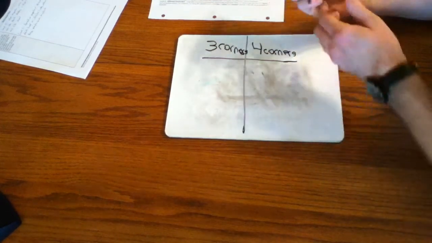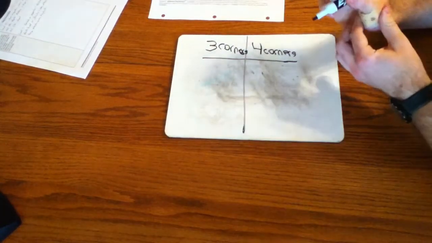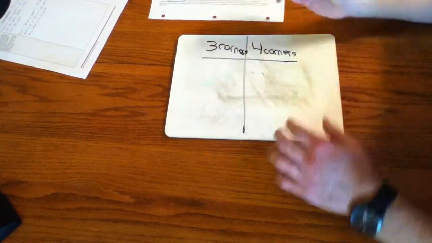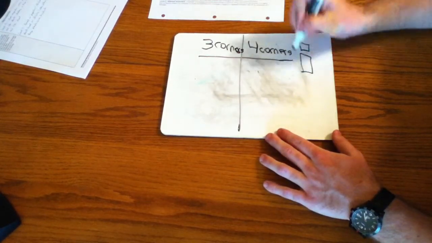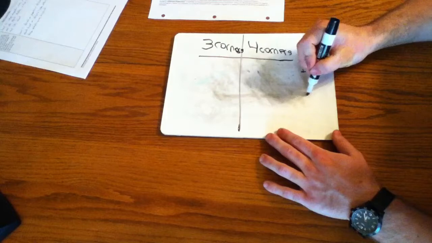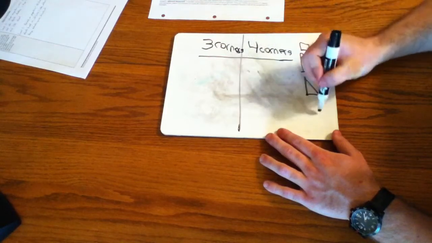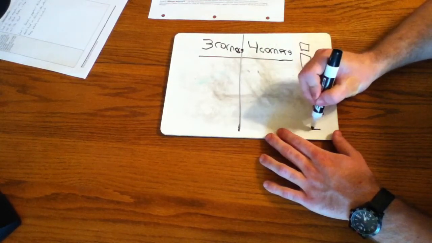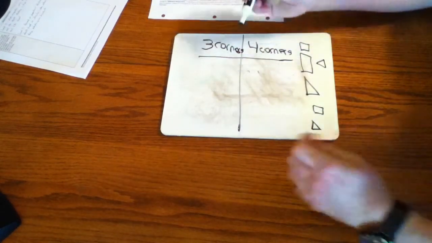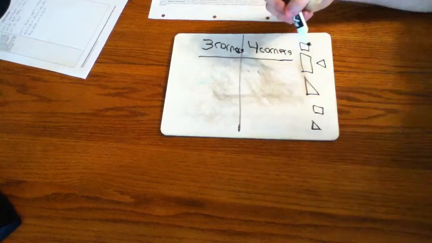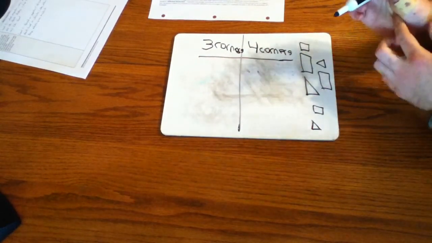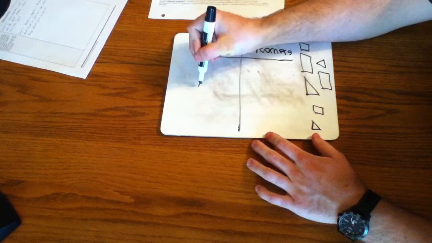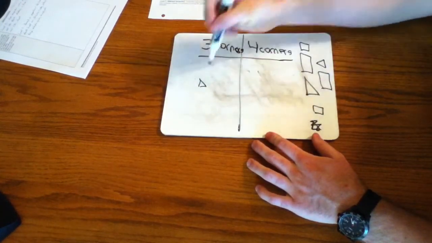And you could have an array of shapes, say we have our shape bank over here, with all different sized shapes: squares, rectangles, triangles, etc. What they would have to do is put the correct shape in the correct slot on the T-chart. So the 3 corners would obviously be the triangles.